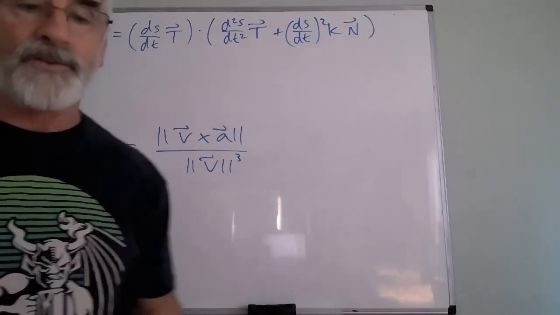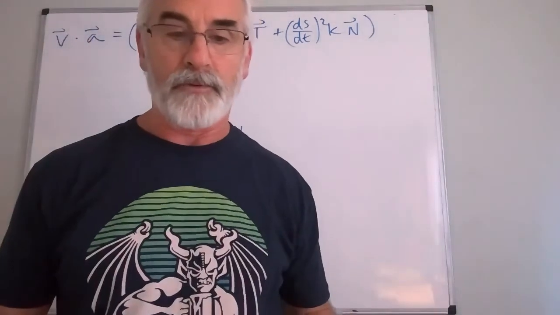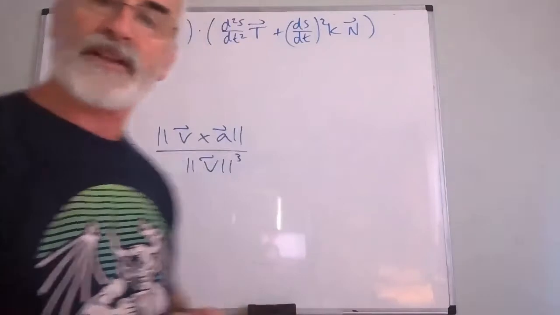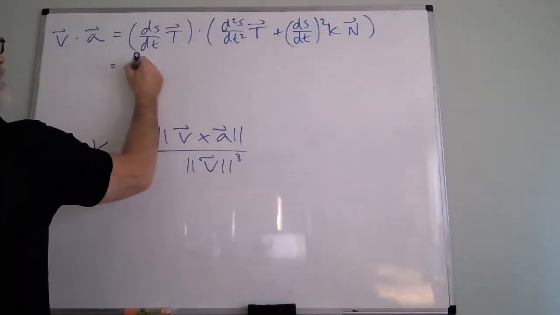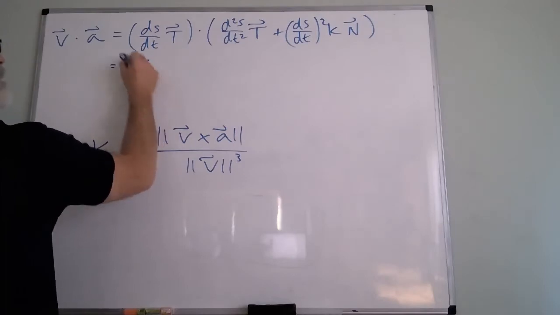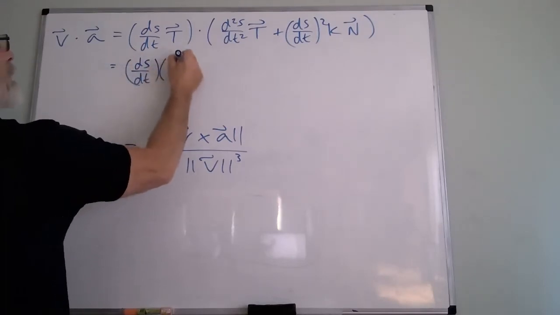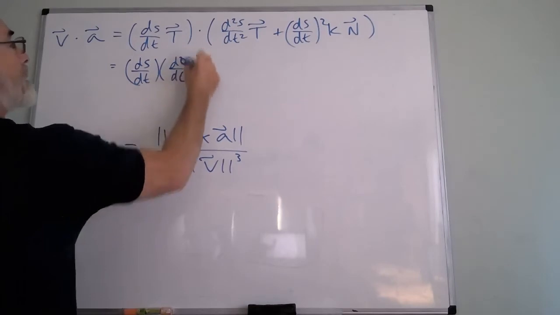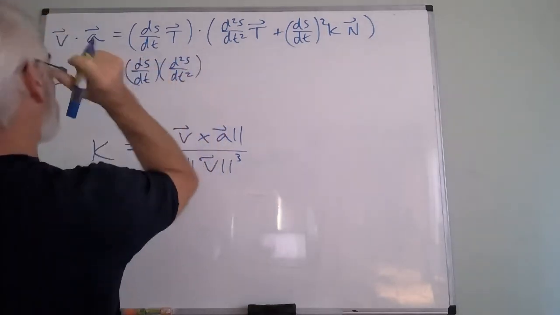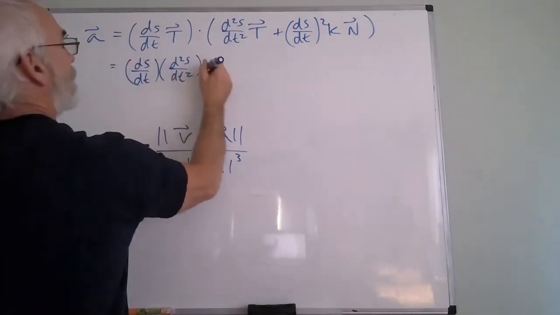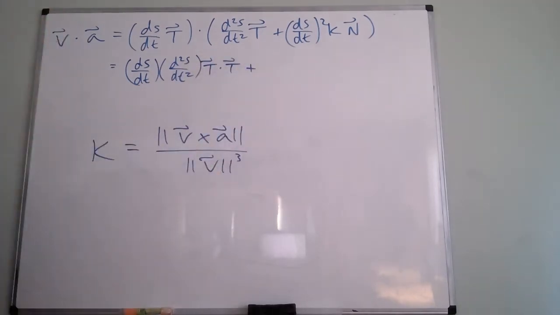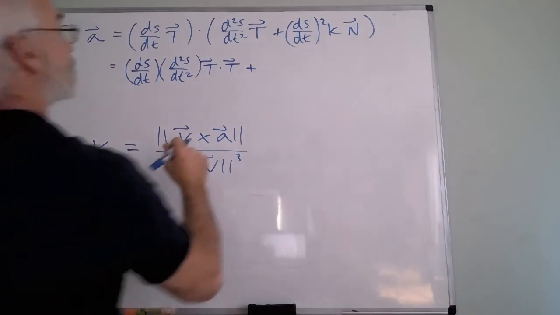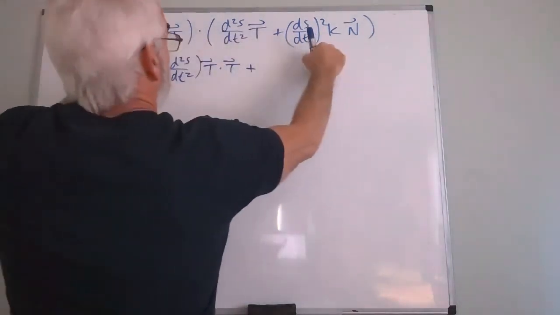So what I want to do is say, what happens if I do this dot product? What will that result tell me, if anything at all? Well, let's do it. Right here, I get ds/dt, which is a scalar valued function, times d squared s/dt squared. That is my AT, by the way. And then T dotted with T plus, okay, dot product is distributive.